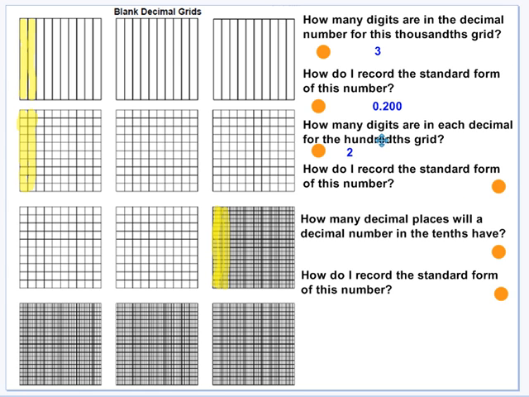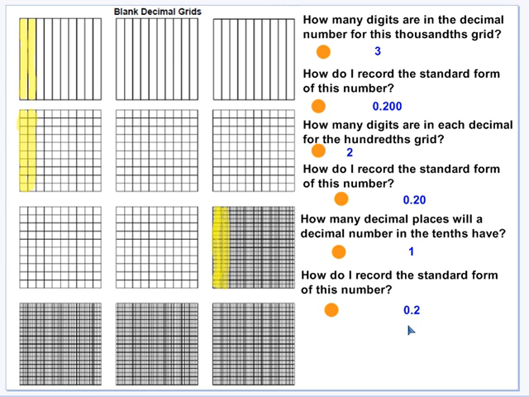We have 2 digits for the hundredths because it's going to be 0 and 2. How do I record the standard form of this number? There's standard form as we normally write a number. How many decimal places will a decimal number in the tenths have? It's only one place to the right of the decimal, so it's going to be one decimal number.